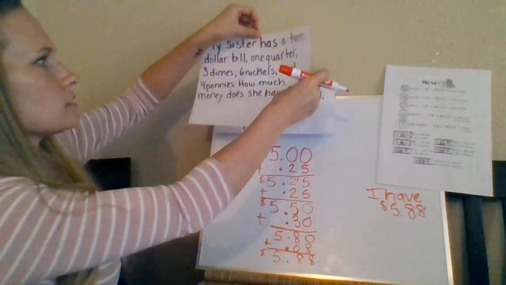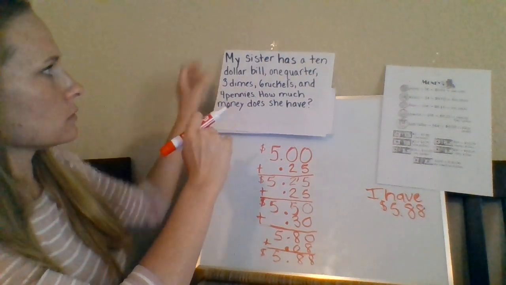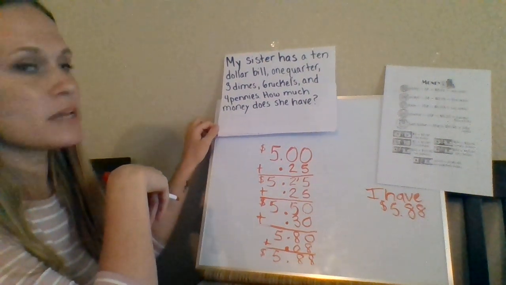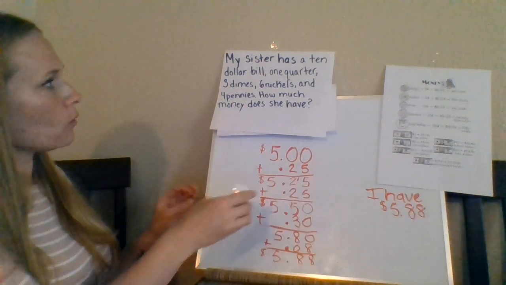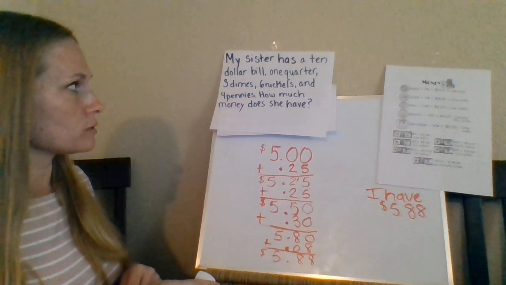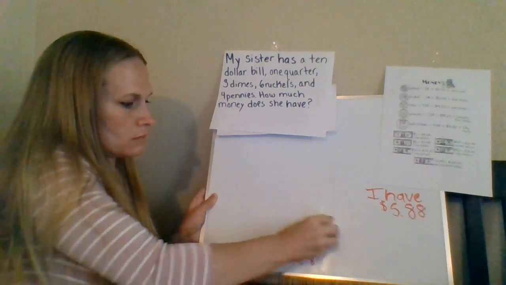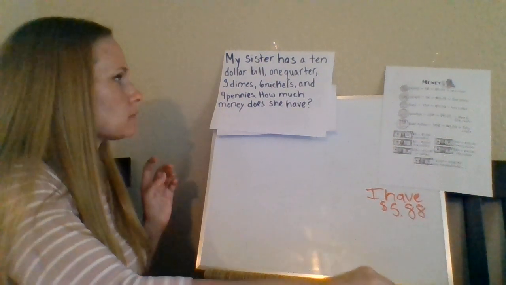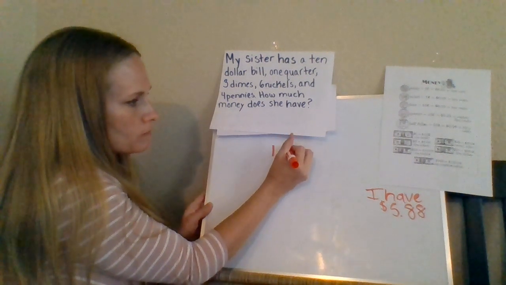So next, my sister comes along. My sister has a $10 bill. She has 1 quarter, 3 dimes, 6 nickels, and 4 pennies. So this time we're going to write our $10.